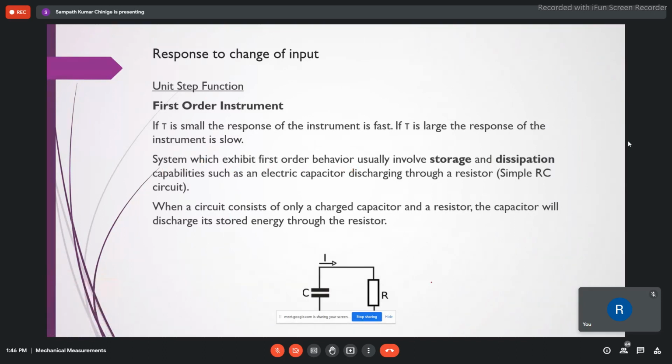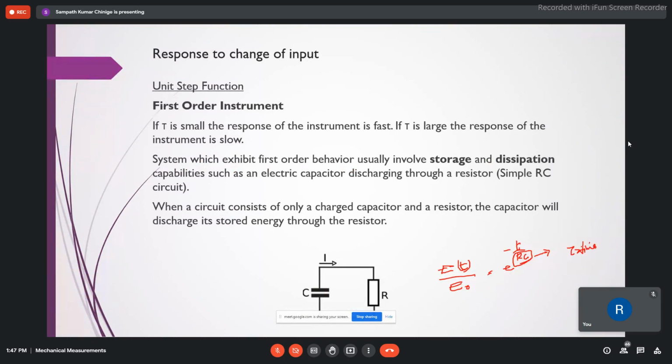So it is capital E of t, that is, the voltage at any time t, equal to E naught times e power minus t by RC. So what is RC here? The product of R and C, the resistance and the capacitance, is nothing but the time constant.